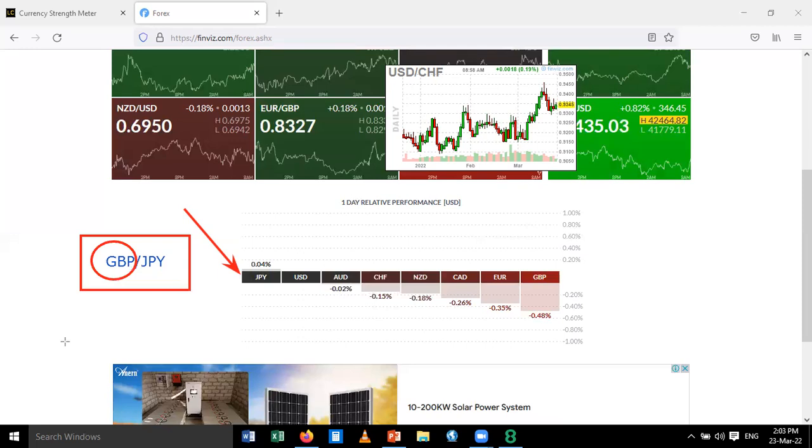Now, looking at the currency strength meter here, GBP is very weak, and JPY happens to be the strongest currency. Between GBP and JPY, are you going to buy or are you going to sell?